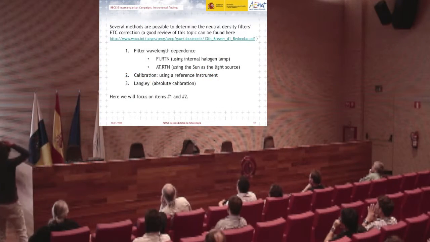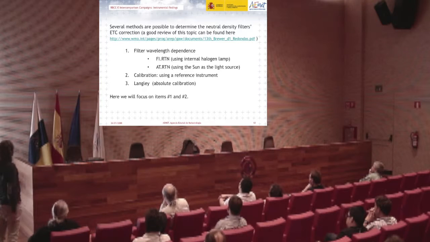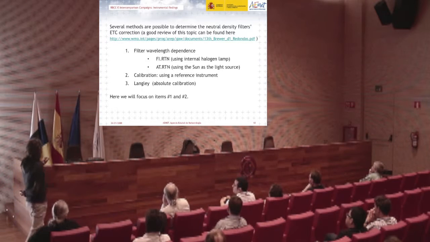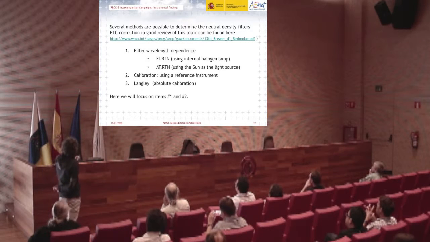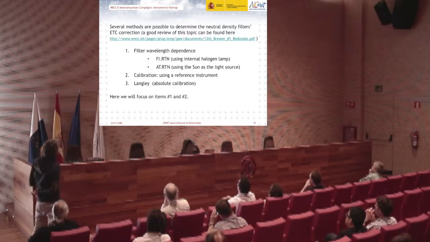So several methods are possible to determine the neutral density filter ETC correction. A good review of this topic can be found in this web page. This is for a Brewer workshop in Beijing in 2011.